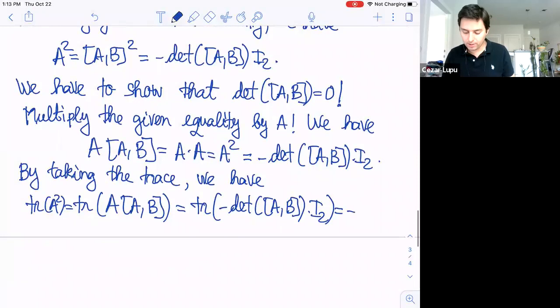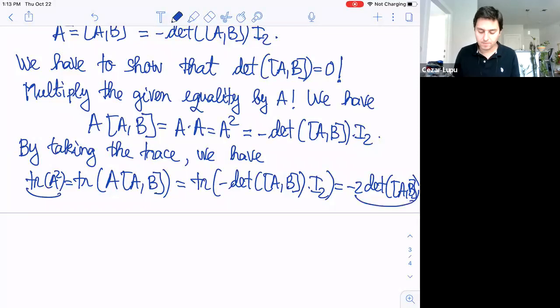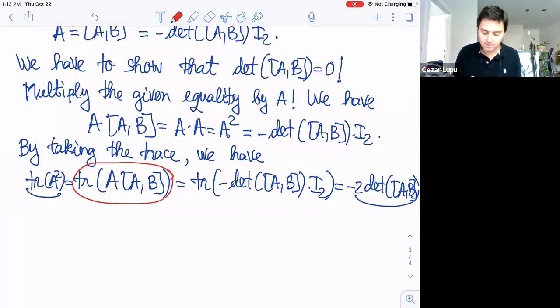By linearity of trace, this is negative 2 times the determinant of bracket AB. So proving that this is 0 is equivalent to proving that the trace of A squared is 0. But now the key fact is right here, but we haven't seen it.